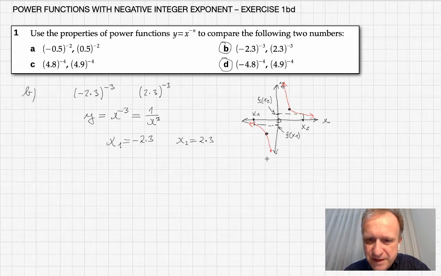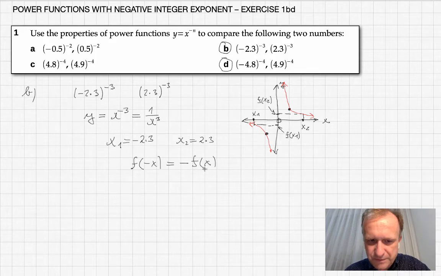Now, since the function has some sort of symmetry, symmetry with respect to the origin, a function of this form is odd. And for any odd function, we know that f of negative x equals minus f of x.